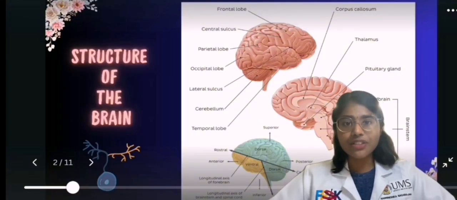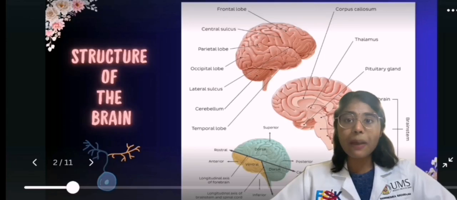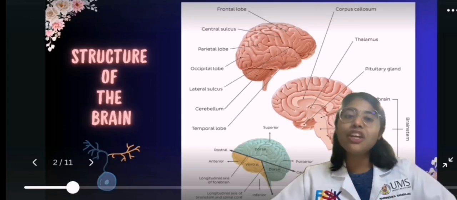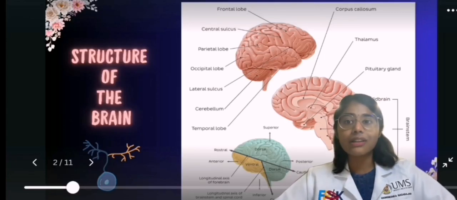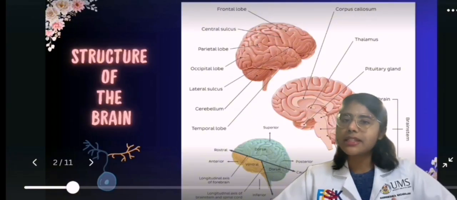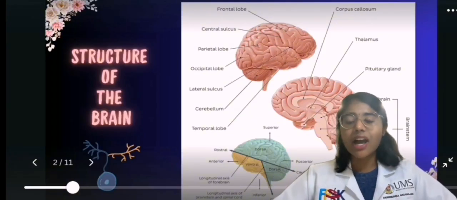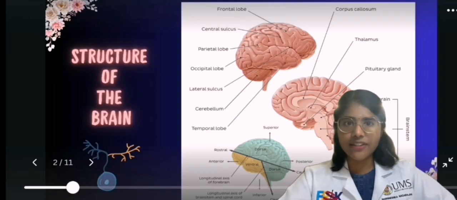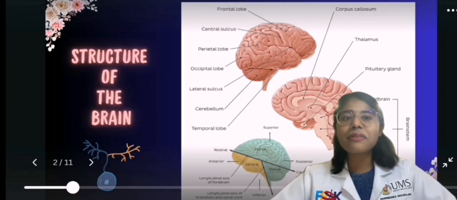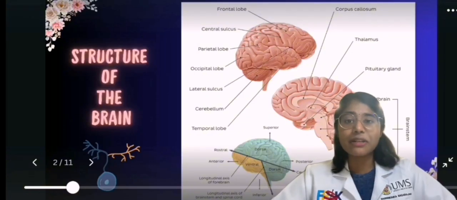The outer surface of the cerebrum exhibits many elevated ridges of tissues called gyra that are separated by grooves called sulci. The gyra and sulci increase the surface area of the cerebrum, providing it with its characteristic convoluted appearance.